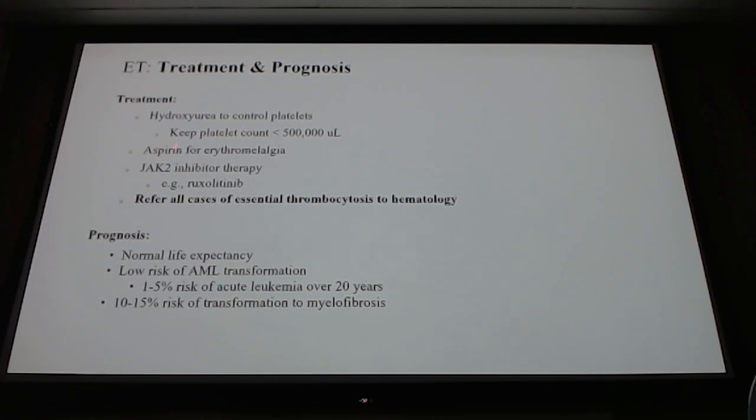JAK2 inhibitor if they're not responding to the hydroxyurea, or in conjunction, all these go to hematology as well. Typically, once you make the diagnosis and you're managing your patient, they have a normal life expectancy, very low risk of transformation to AML, but a higher risk of transformation to myelofibrosis if we don't get it under control.